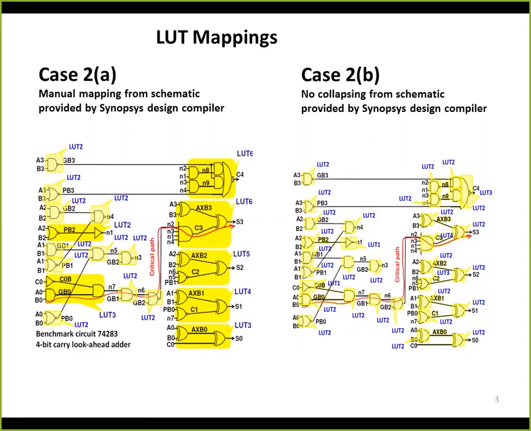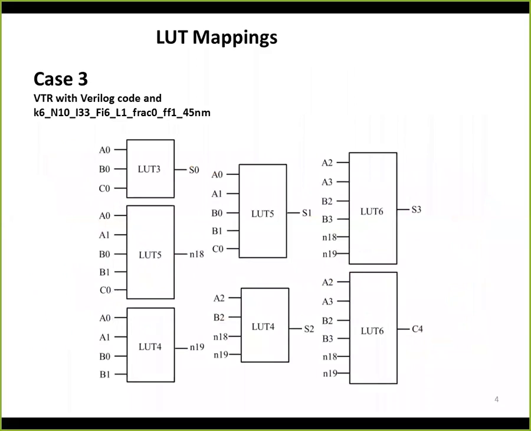And just for comparison, I didn't collapse any gates and kept all the gates with their own number of fan-in. I also tried the VTR method, and this is the schematic that I got from the VTR with this FPGA structure, and I used the behavioral Verilog code, not the structural. That was the key point in this way.